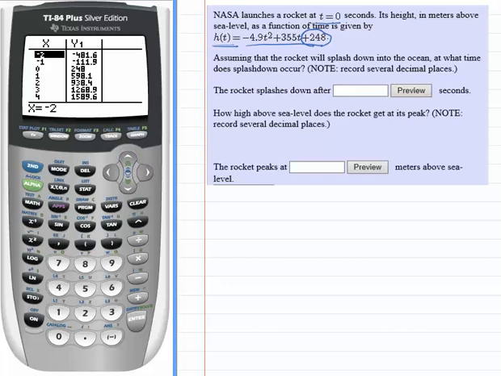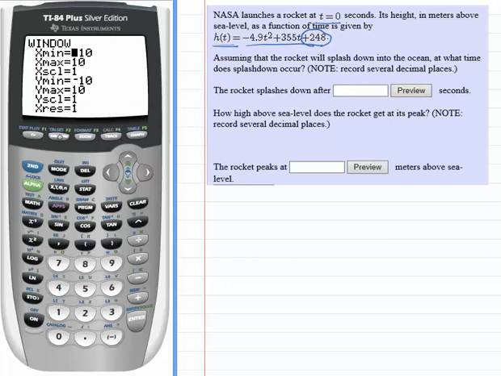So now I'm ready to set up my window. For my seconds, let's start at maybe negative 10 seconds. And then it looked to me like when it splashes down, it's about 70 some seconds. Let's go up to 90 seconds. The scales, we can just leave those as 1.